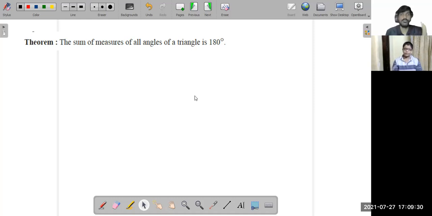Okay, so we'll do this theorem. This theorem says that the sum of measures of all angles of a triangle is 180 degrees. And you know this already. Yes or no?